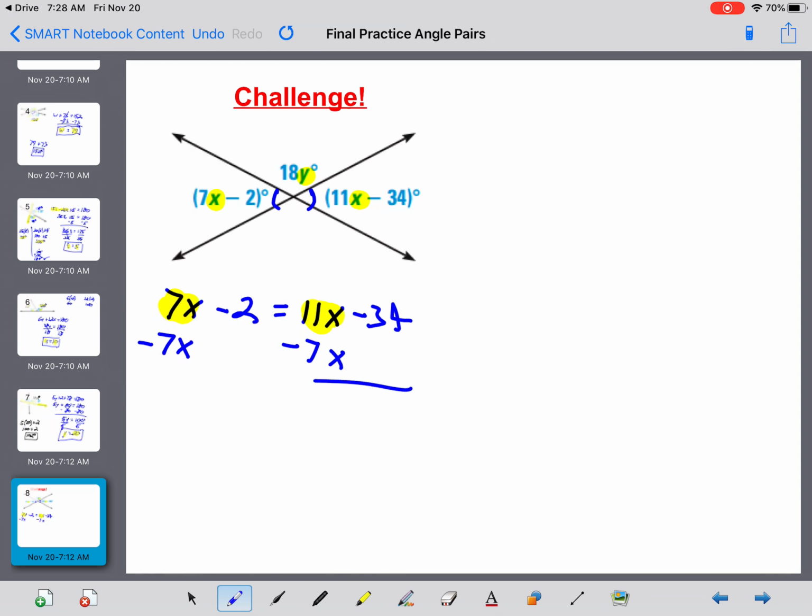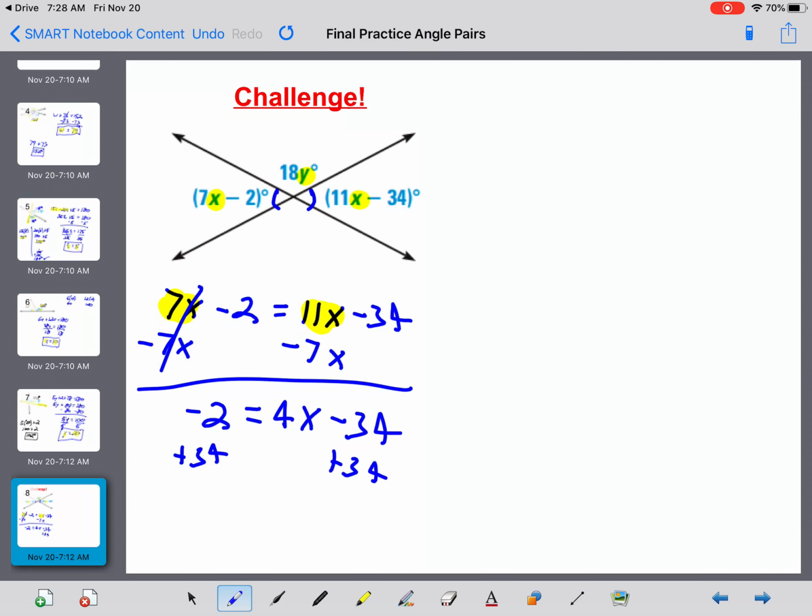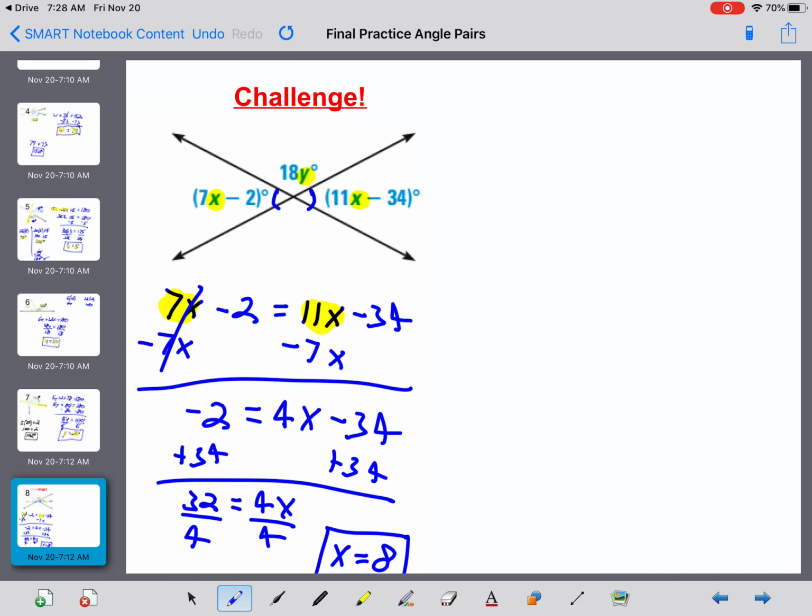Move the smaller one over. Here we have negative 2 equals 4x minus 34. Add 34 to both sides, and we get 32 equals 4x. Divide by 4 on both sides, and x equals 8.